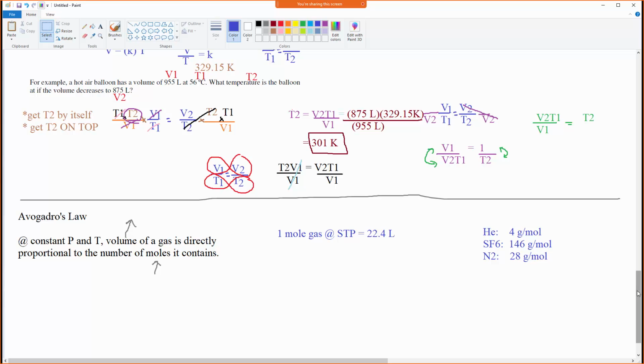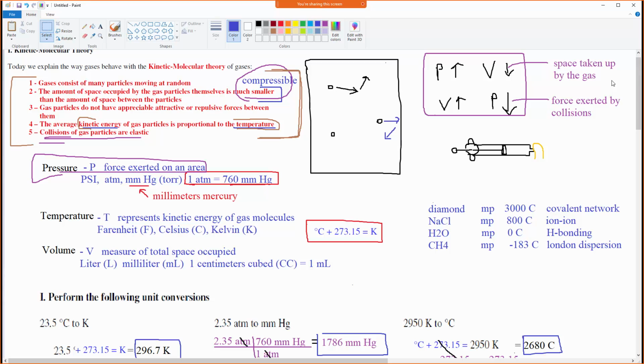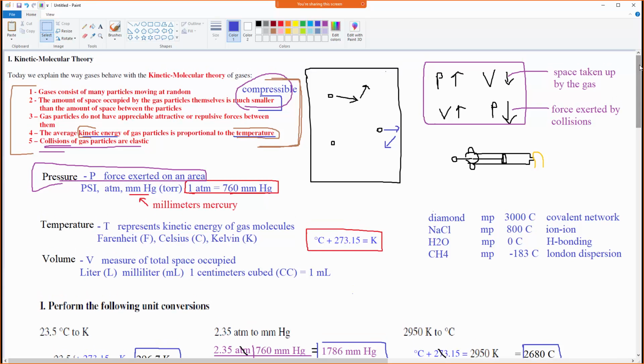Can we explain it using our kinetic molecular theory? Perfect. Nicole, you are exactly right.